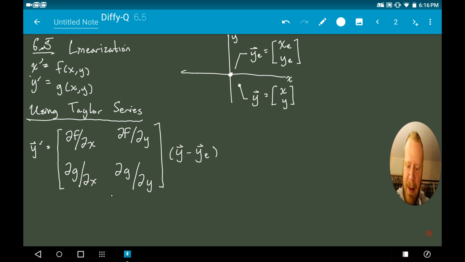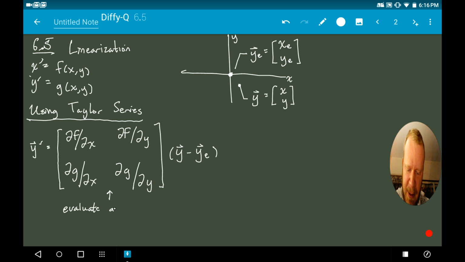Before I go on, I do want to mention that if we wanted to figure out what these values are, we want to evaluate this at the equilibrium point. So that's what we're going to do.